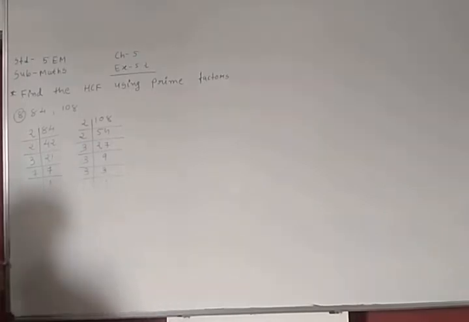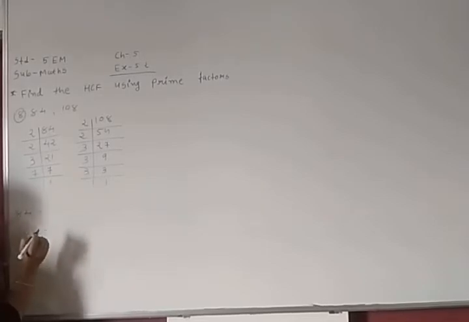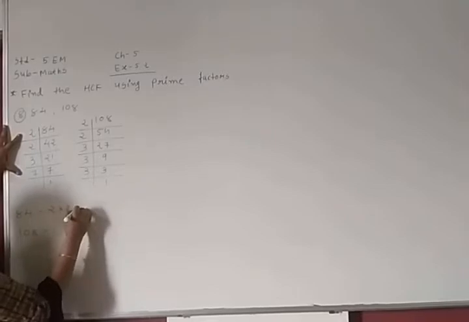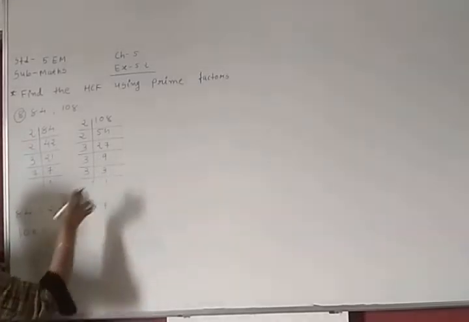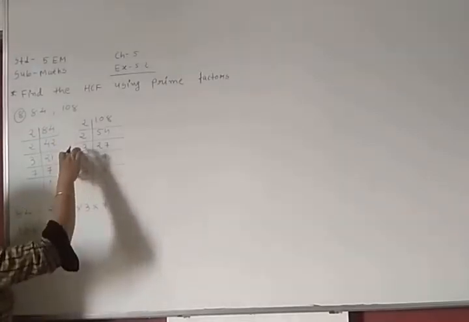We got the factors. Now let me write the factors here. 84 and 108. What about 84? 2 times 2, 1 times 3, 1 times 7. What about 108? 2 times 2, 3 times 3.